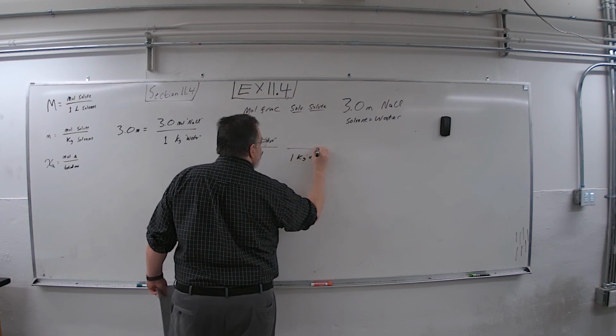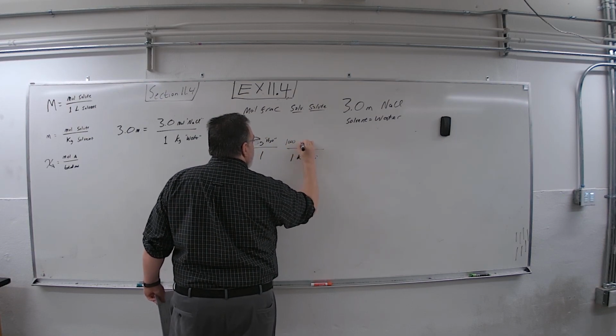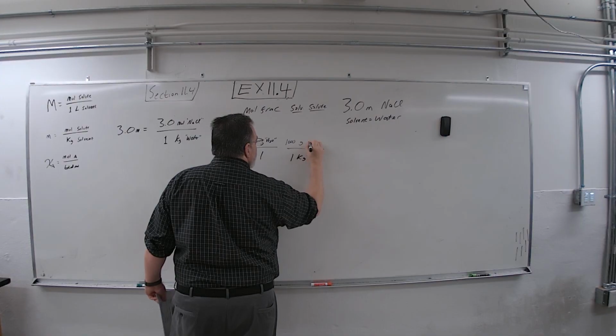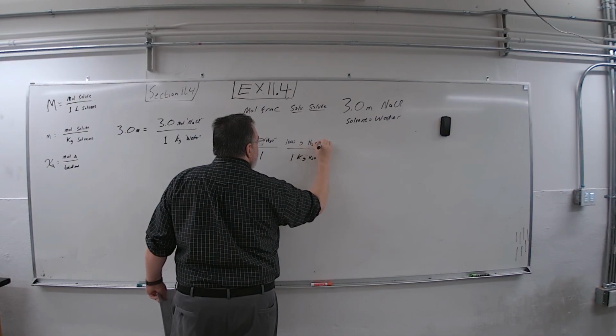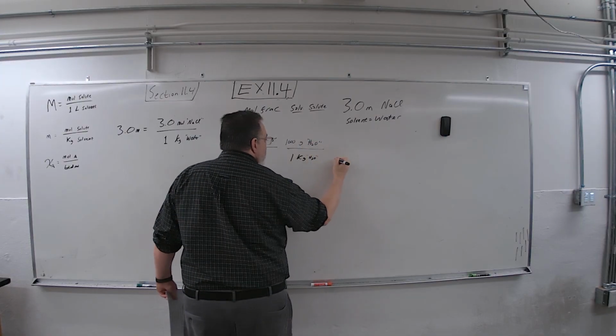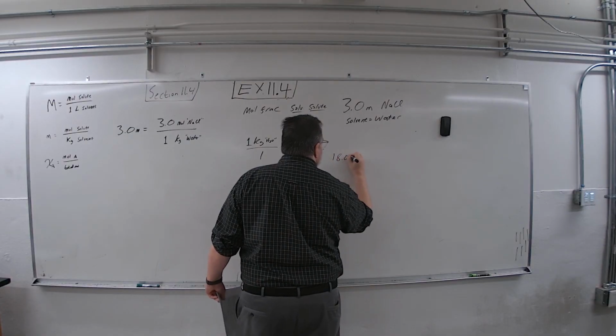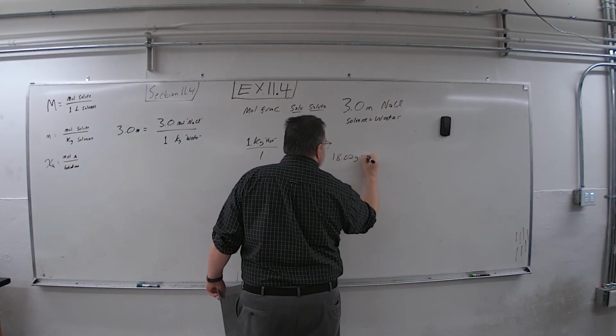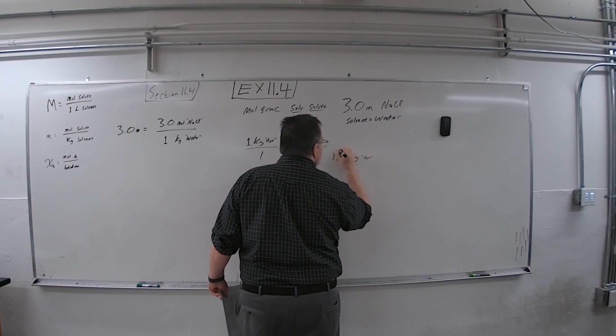One kilogram of H2O is 1,000 grams of H2O.